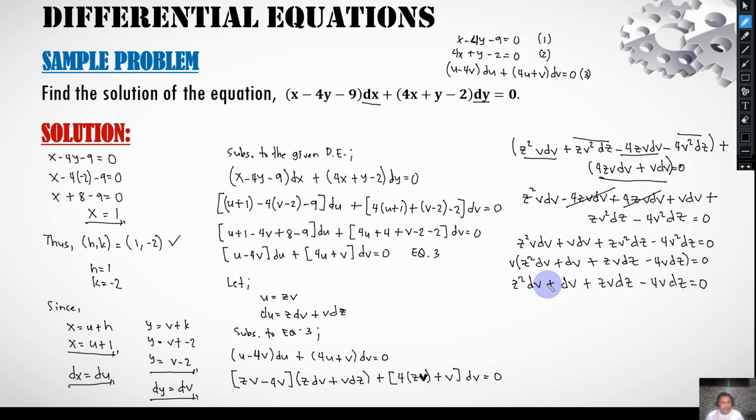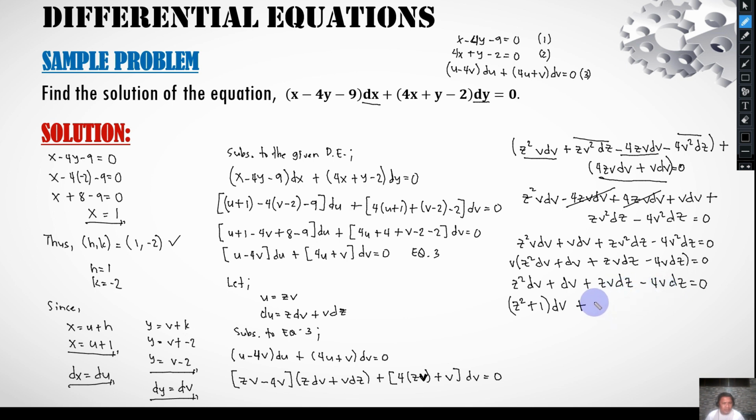So, kung isi-simplify natin itong dv at saka itong dz, i-extract natin yung dv palabas. So, this would be then the z squared plus 1 quantity, ilalabas natin yung dv. Saka itong isa plus, ilalabas natin itong dz, so pwede kasama ang v dz.